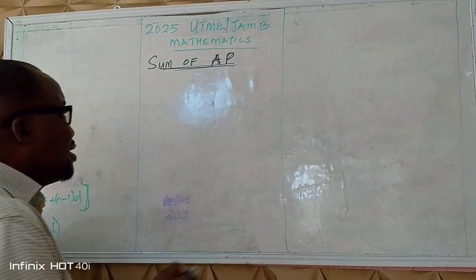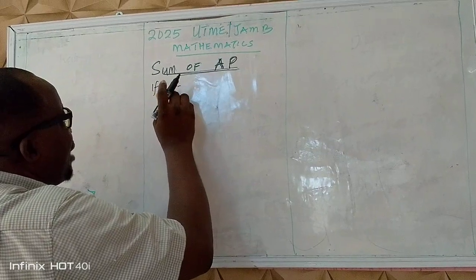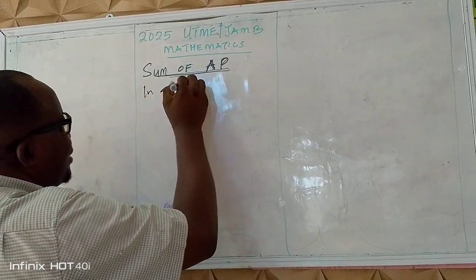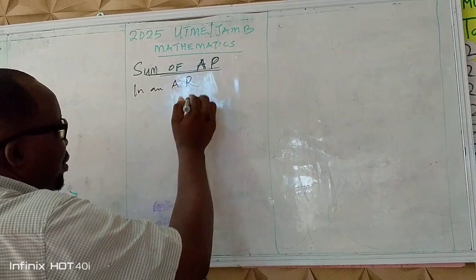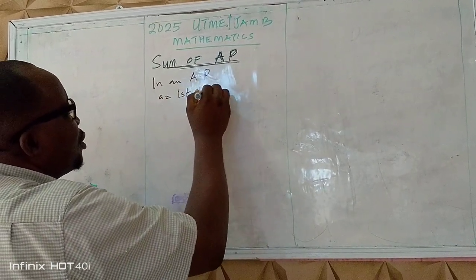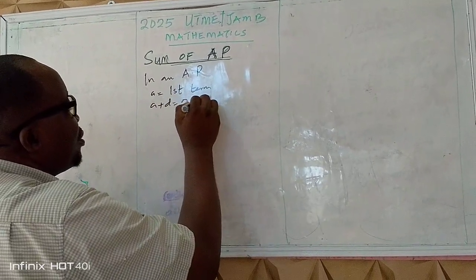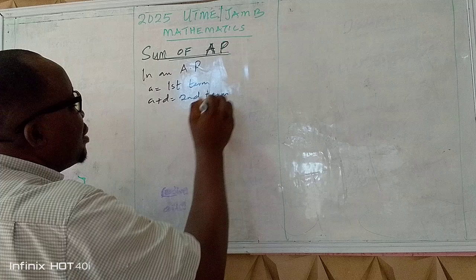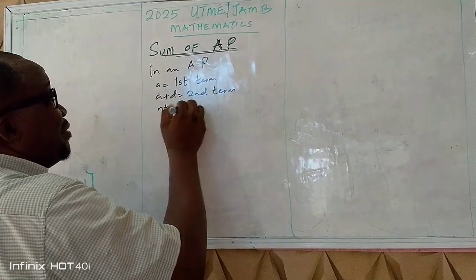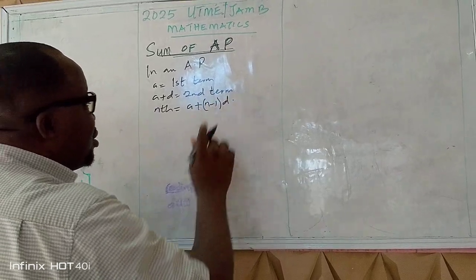We recall that in an arithmetic progression, AP, a is called the first term, and a plus d is called the second term, while the nth term, maybe the last term, is given as a plus (n minus 1) d.